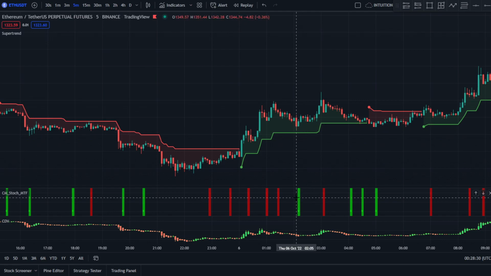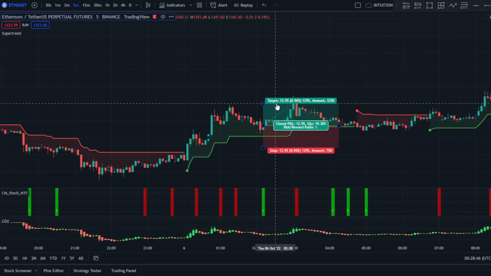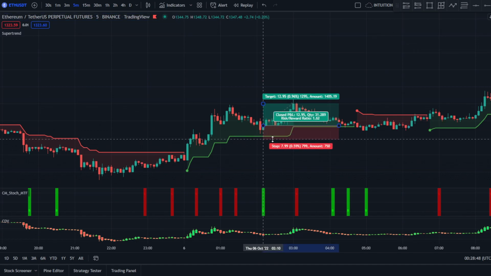Next, you want a green candle on the candle after this bar appears. You wait for the next bar to form, and here we have a green candle, so that's a valid position right here. Stop loss goes below the super trend line and you take a 1.5:1.